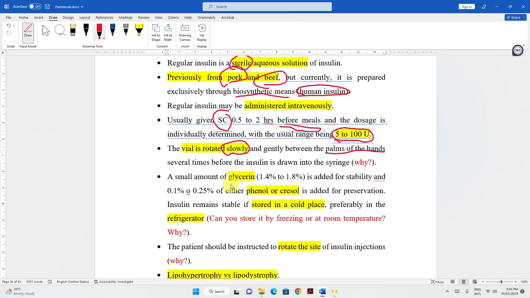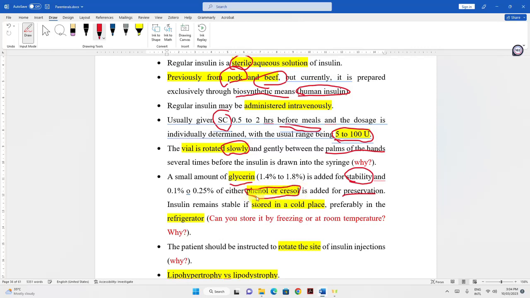Now, to insulin, usually glycerin is added. Glycerin will give stability to the preparation, so it will not, for example, crystallize. It's added at a concentration of 1.4 to 1.8%. This is glycerin for stability. But also as preservative, phenol and cresol can be added.